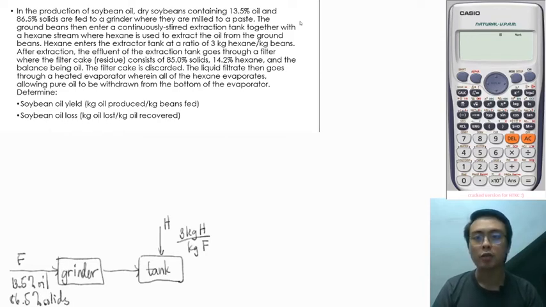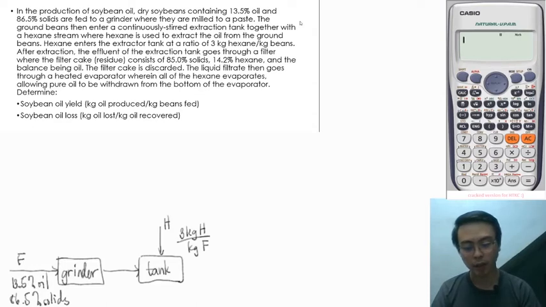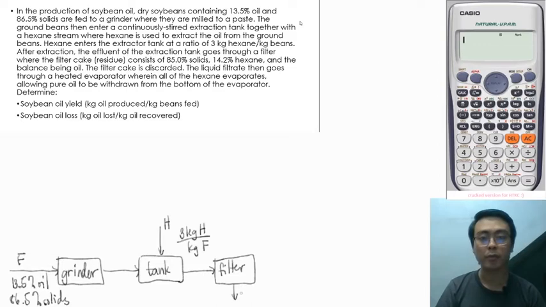Okay? After extraction, the effluent of the extraction tank goes through a filter where the filter cake consists of 85% solids. So after mixing the ground soybeans with the hexane and the oil has been extracted, the effluent of the tank will be placed into a filter wherein the solid residue will be filtered out.